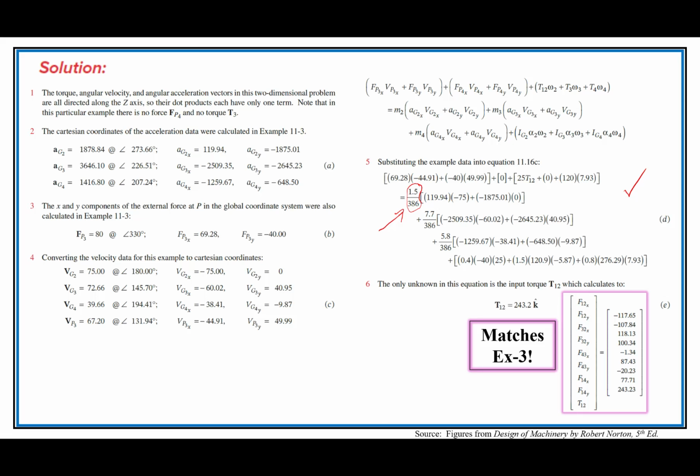Let's see. Yeah, I guess it's 0.003886. Yeah, I guess it's close. He decides it's close enough, but here he tried to get a little bit closer. But anyway, when he's done, he gets the 243.2, which is the same thing that he got in example 11.3 right here. So boom, that's the important part of it.